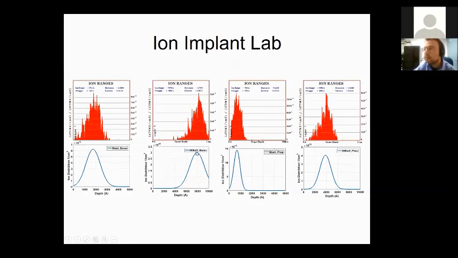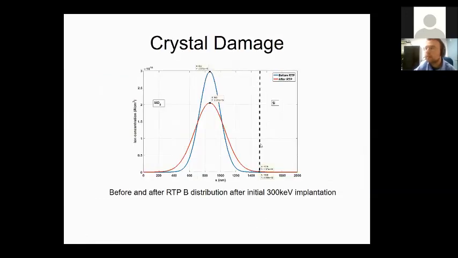Once I increase that to 300 kilo electron volts, it will penetrate more, as you can see. The phosphorus will stop here for 50 kilo electron volts. 300 kilo electron volts will penetrate more. And that's not even the end. So we will, of course, try to mask this with, let's say, we grow some silicon dioxide and we do our ion implantation.